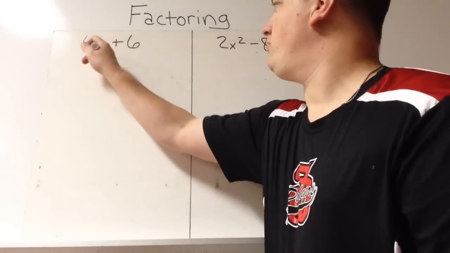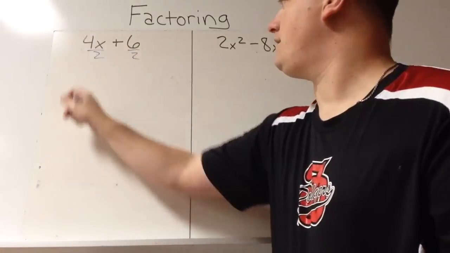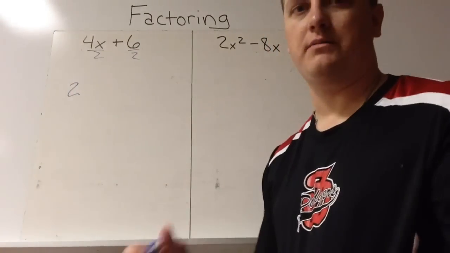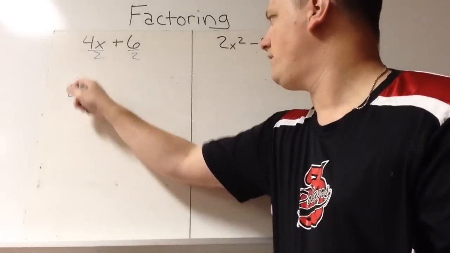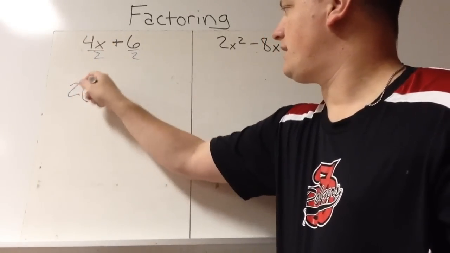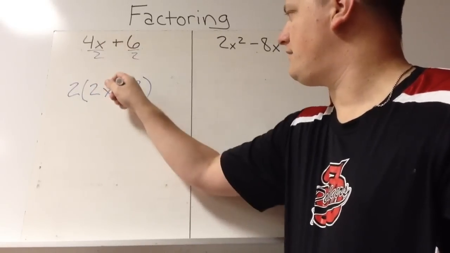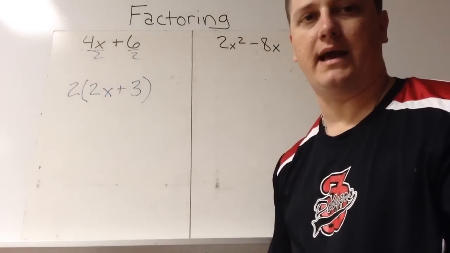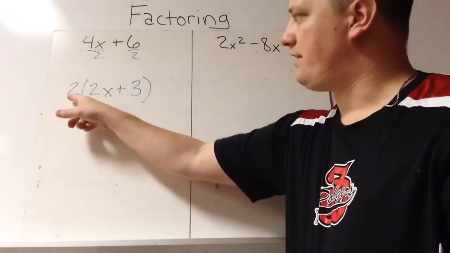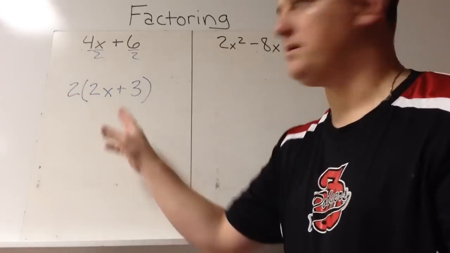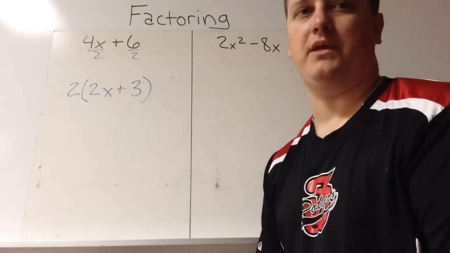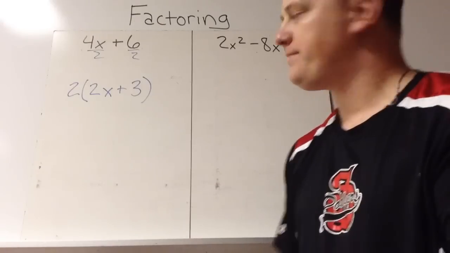So we're going to take a 2 out of each one. We're going to put that 2 in front because that's what we're pulling out. And when we divide this, we're going to have 2x and 3. And this is still positive because we didn't work with any negatives here. So if you notice, this distributing problem would create 4x plus 6, and that's the idea here.